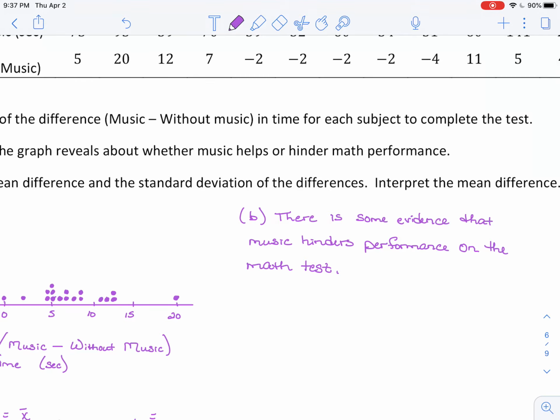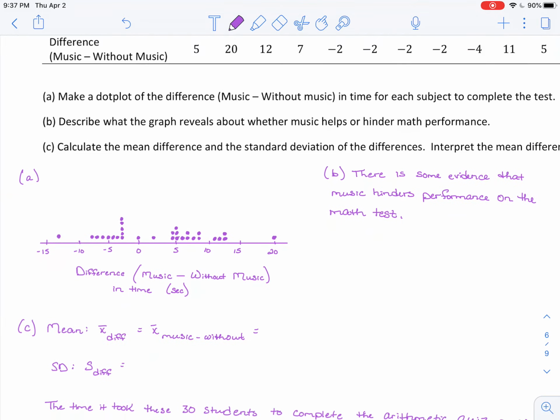And that evidence is if we count how many took longer to take the test. So, let's talk about the order of this. If it takes you longer when listening to music, so this would be longer than without music, then this difference would be positive. Like if it took me 10 minutes with music, but without music it only took me 7 minutes, I'm getting a positive difference.